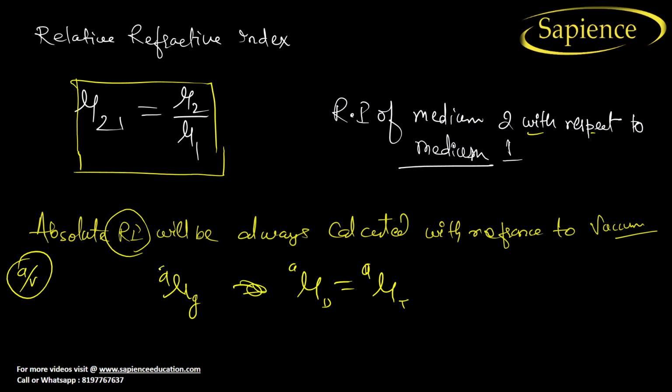So this air or vacuum is common to everyone, so we can write directly mu g, mu d, mu t. It means air is hidden, and this is known as absolute refractive index. I hope you have understood this.